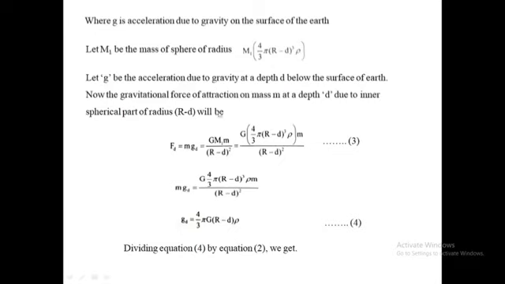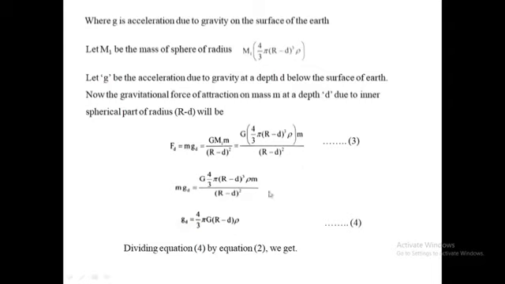Now, the gravitational force of attraction of mass small m at depth d due to the inner spherical part of radius R minus d will be given by F_d is equal to m g_d is equal to G M1 m upon (R minus d) whole square, which is equal to G (4 by 3 pi (R minus d) cube rho) small m upon (R minus d) whole square, which is equation number 3.